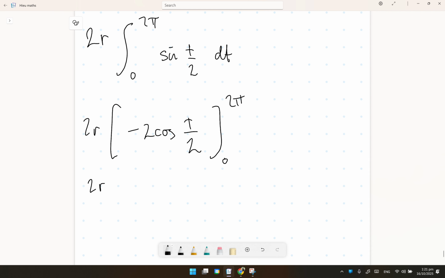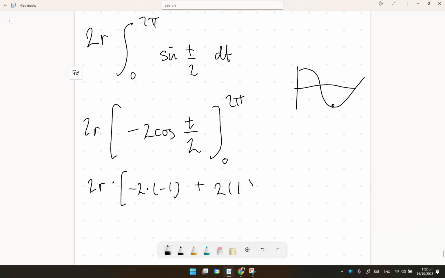So what we have here is 2r multiplied by, for the first limit, 2 pi over 2 is pi, and cos of pi is -1, so it's -2 multiplied by -1. And then we need to minus again, and minus of negative is plus, so plus 2 multiplied by cos 0, which is 1.